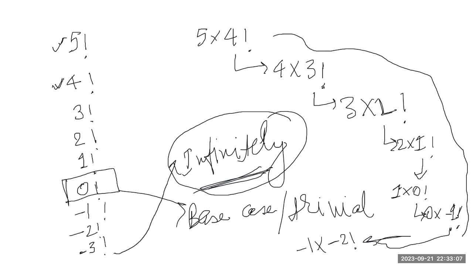Minus 2 factorial will tell me to give minus 3 factorial, and in this way we will keep on going, reach nowhere, and get into the trap of an infinite solution. Fine. So that's why we need a base case or trivial case. In this case, my 0 factorial is my base case or trivial case.